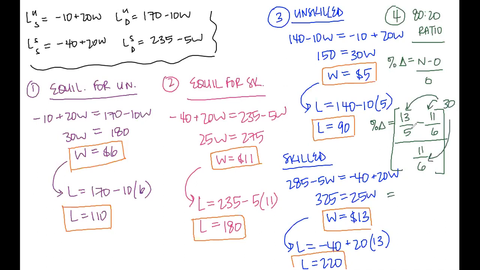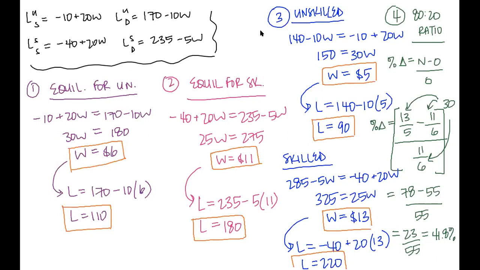So 13 times 30 divided by 5 is 78. 11 times 30 divided by 6 is 55. And then we know that this is the same fraction, so it's also 55. So those numbers are a lot easier to work with than these fractions. So 78 minus 55 is 23, and then 23 over 55 becomes 41.8%.